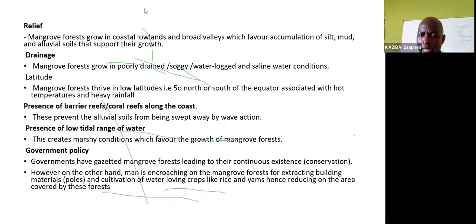Then when you're done with that, because the question is about natural vegetation, you give one factor. For example, you're explaining climate. When you explain climate, explain that factor in terms of all the vegetation types. For example, you say heavy rainfall of over 1,500 millimeters, which is evenly distributed throughout the year, leads to the growth of equatorial rainforests with evergreen trees, for example, mahogany.